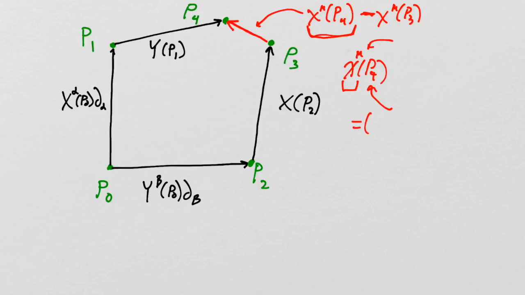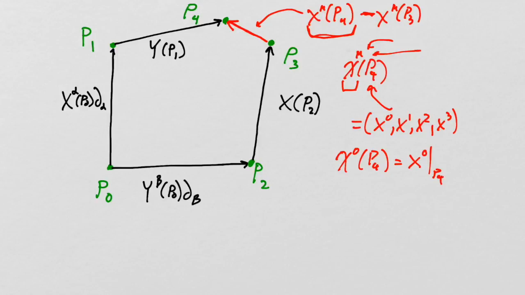So this has got to equal something like x0, x1, x2, x3. That would be a full quadruple. For example, little x0 of P4 would return the zero coordinate of this point P4. So these are the coordinate functions. They're not the contravariant components of a vector. That's a very confusing point.